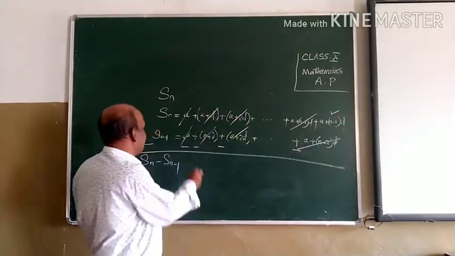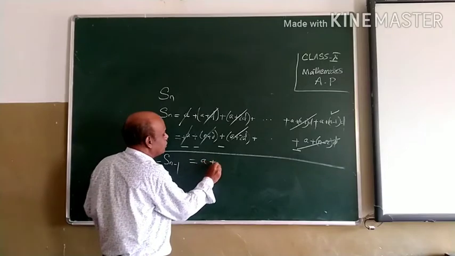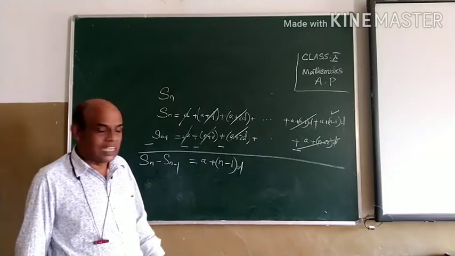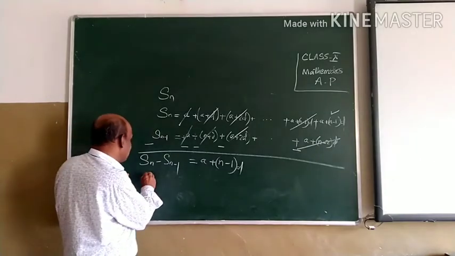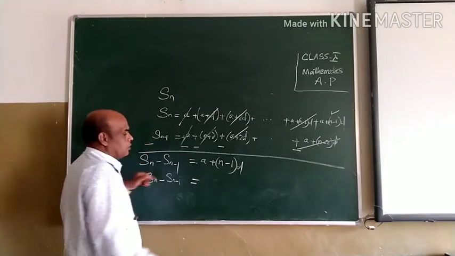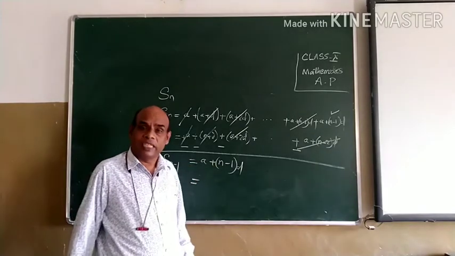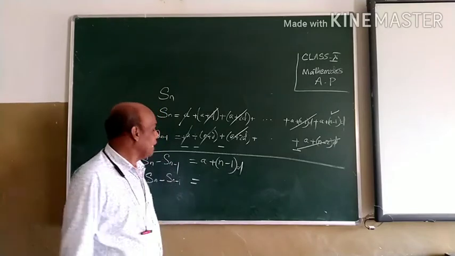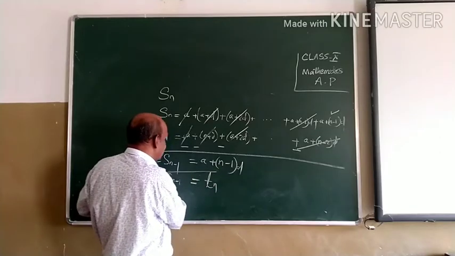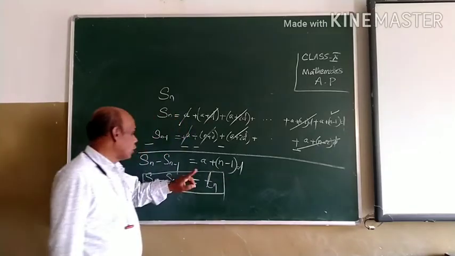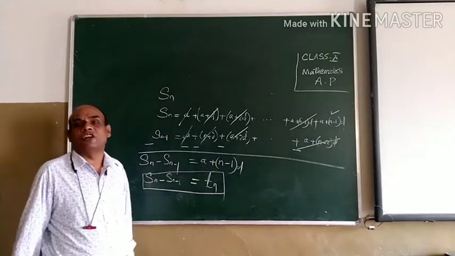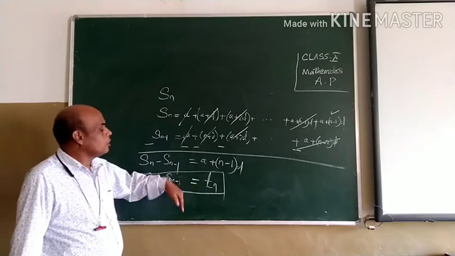It means we will get a plus n minus 1 into d, because all are cancelled. So we may write Sn minus Sn minus 1 equals a plus n minus 1 into d, that is called term n. So this is the formula that we have to remember. The term n formula is Sn minus Sn minus 1.